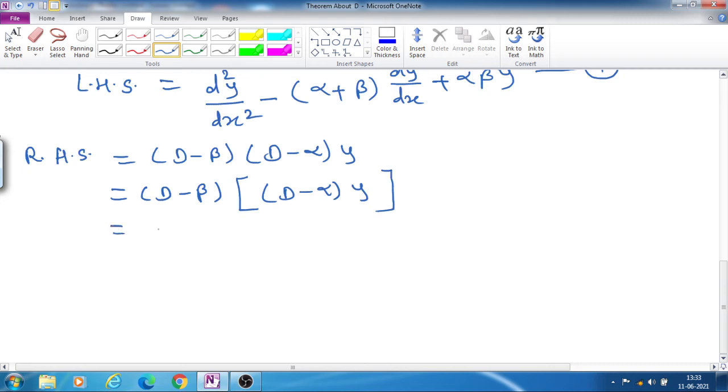So this is equal to (D minus beta) operating on D y minus alpha y, where D into y means dy by dx, minus alpha into y.